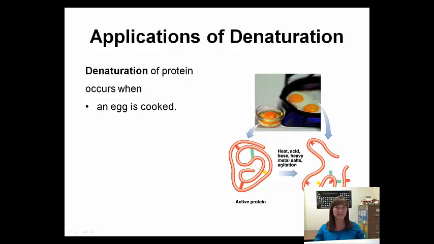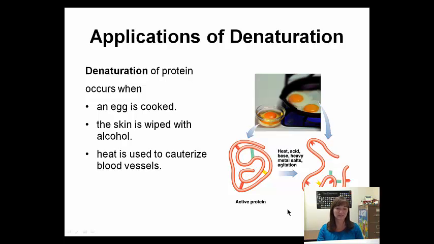That ribbon stays in contact. So when you cook an egg, you denature proteins. When you wipe your skin with an alcohol wipe, that's going to denature some proteins, especially in the bacteria and things like that you'd have on your skin. When you use heat to cauterize blood vessels, instruments are sterilized in an autoclave, and that's going to denature proteins.